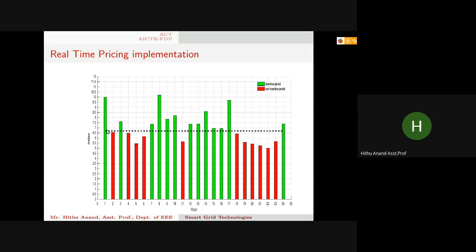That means one more application is, let us say, if you reduce the power demand for the next hour, somehow the consumers are able to reduce the power demand. If you send some message like, if you reduce the power demand, we will give you some incentive.